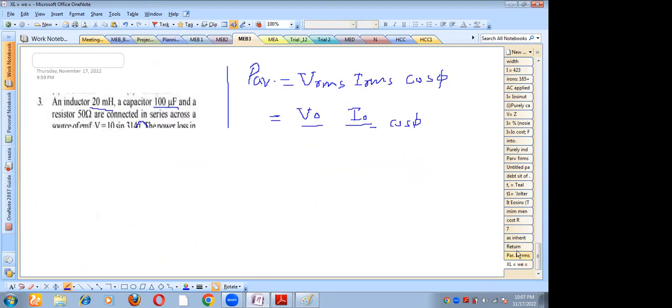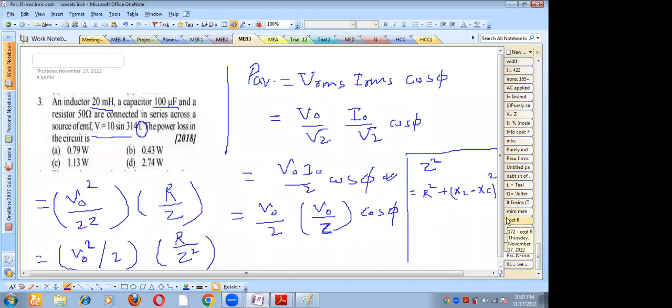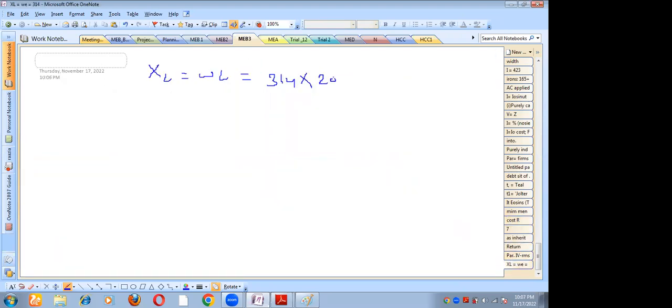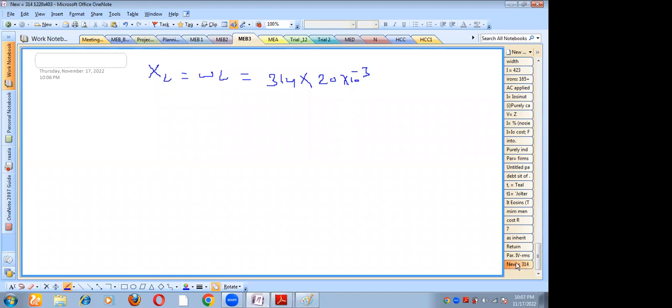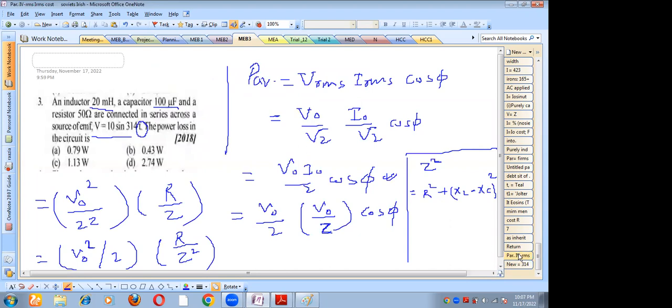What is L? 20 millihenry, into 10 to the power minus 3. Then we will calculate XC.